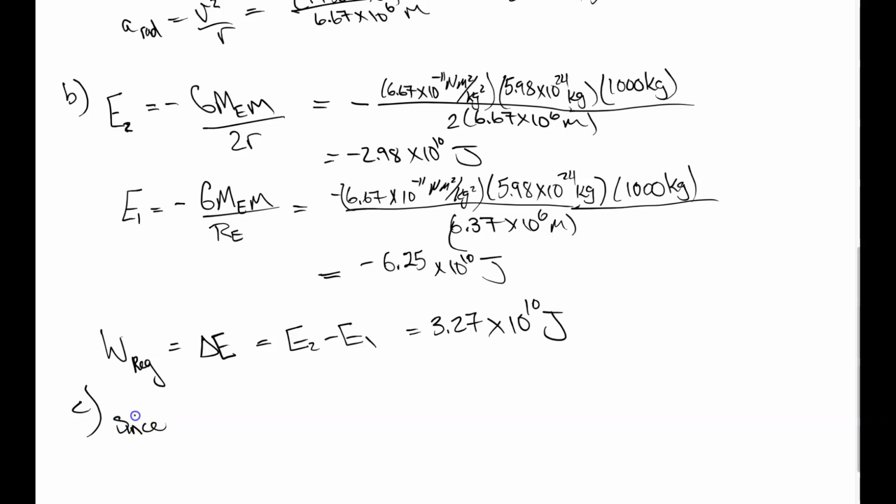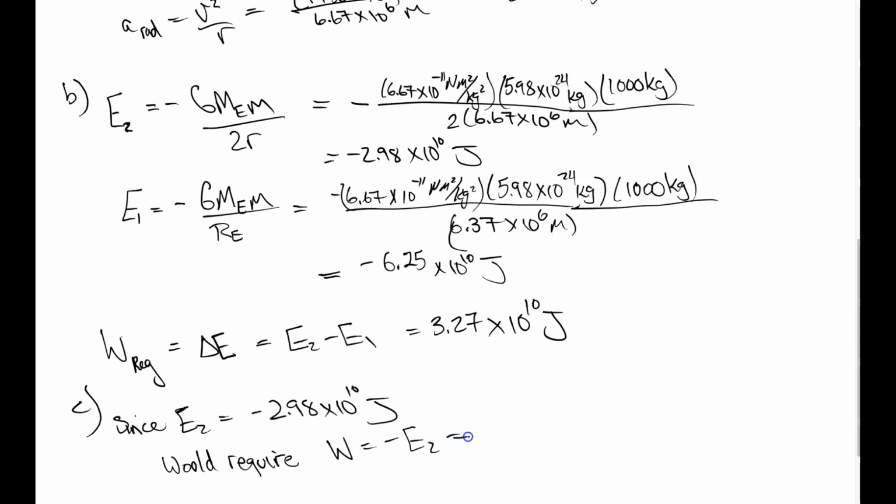Since E2 is negative 2.98 times 10 to the 10th joules, which is to put this in orbit, to escape Earth would require W to equal minus E2, which is 2.98 times 10 to the positive 10th joules.